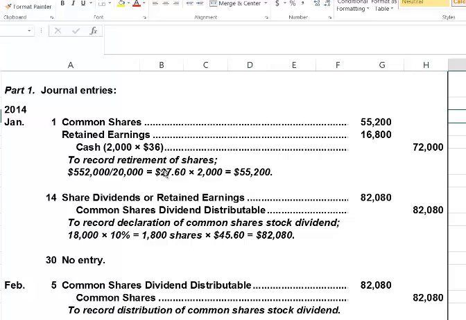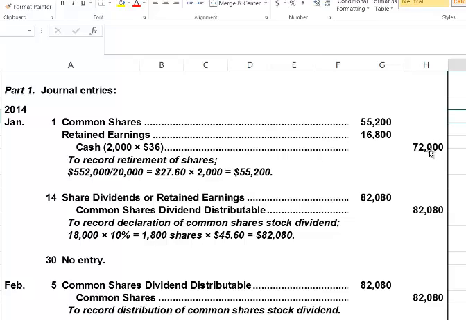So we debit retained earnings. Notice in this particular question, we didn't have in our opening balance any contributed capital on common share retirement. If we did, we would have debited that account first before we debited retained earnings. But because we don't, we have to debit the balance to retained earnings. And to balance the entry, we need $16,800. So that's what we call your plug, or what we need to balance the debit side to the credit side.